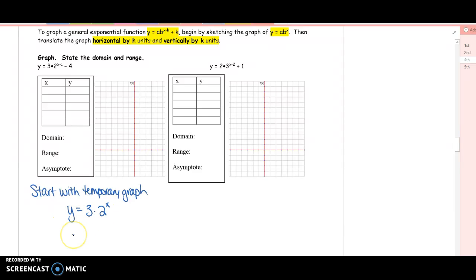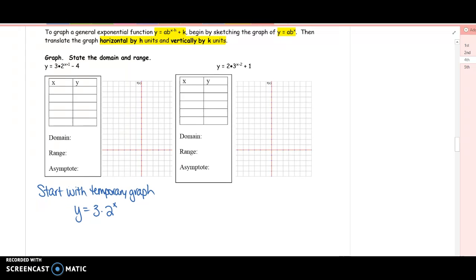This is the function that we are going to use in our table of values. We're going to put in x values, plug them in, and find values. I will graph these on the graph using tiny little x's. Then the +1 and the -4 tell us how this graph is going to move. So what does that +1 and -4 do to the graph?